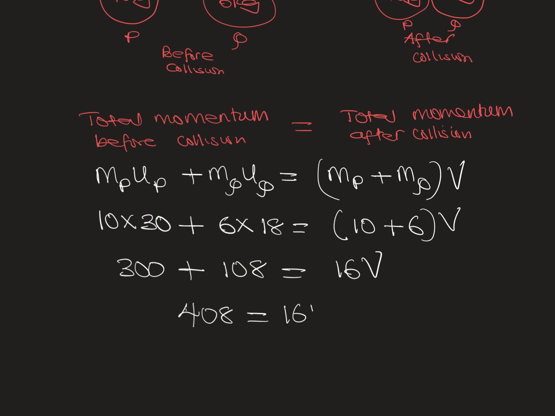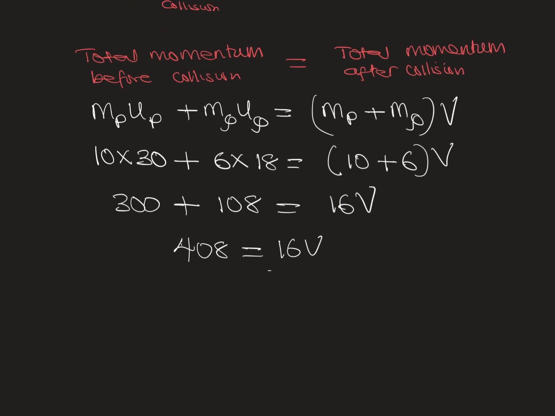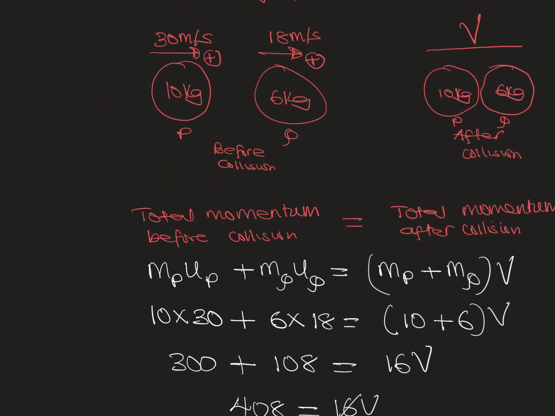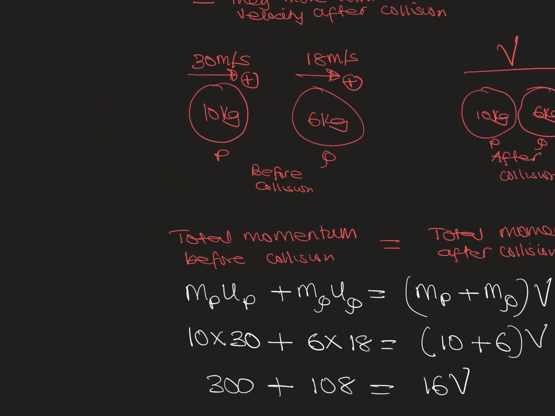This equals 16V. So if I divide both sides by 16, V will be 408 divided by 16. That will be 25.5 meters per second.